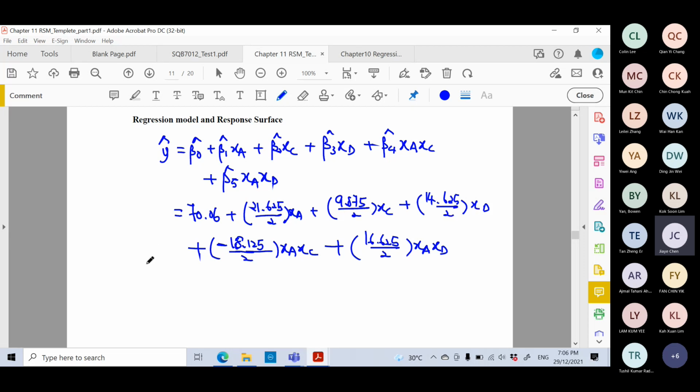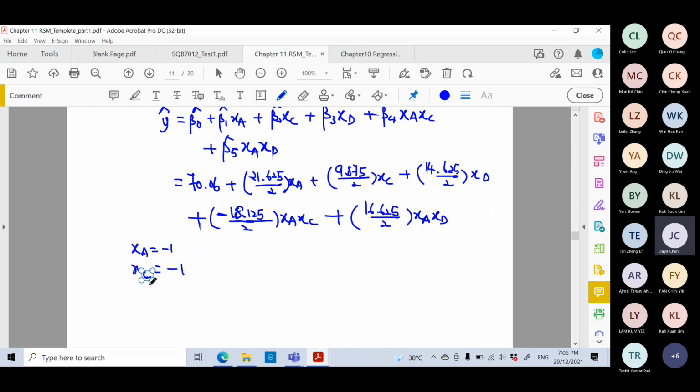For example, if XA is equal to -1, XC is -1, and XD is also equal to -1, all at a low level, then we can calculate the Y hat.